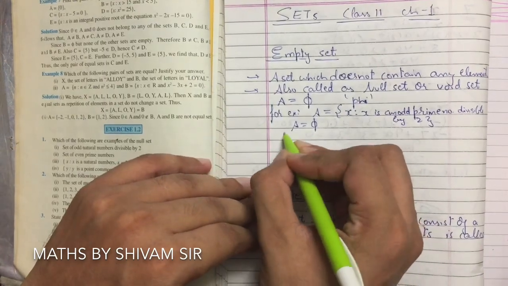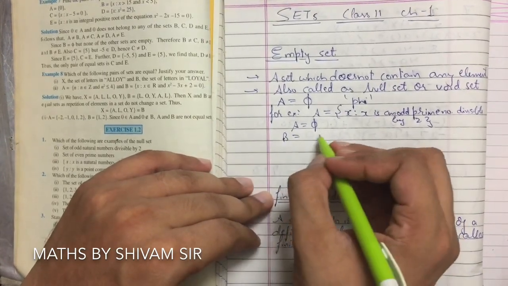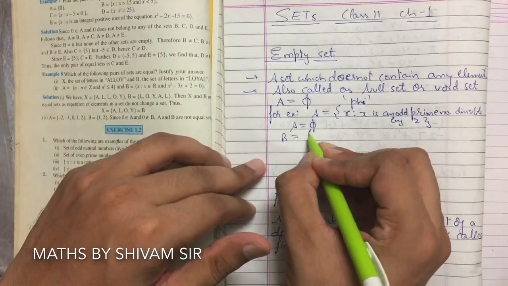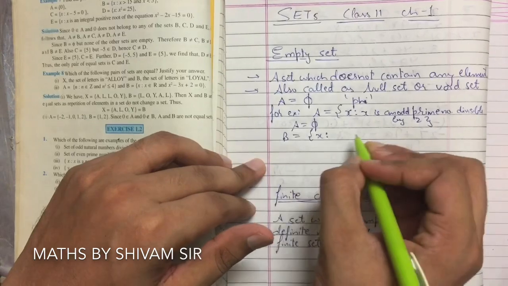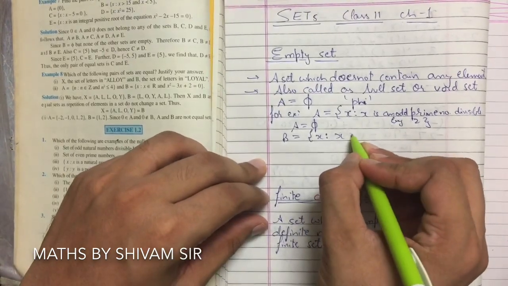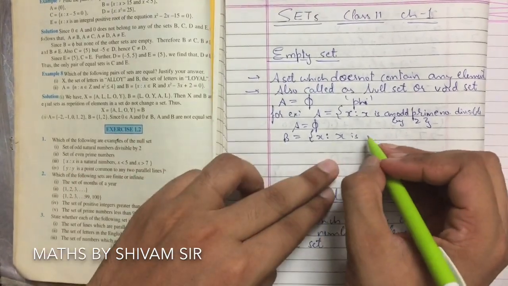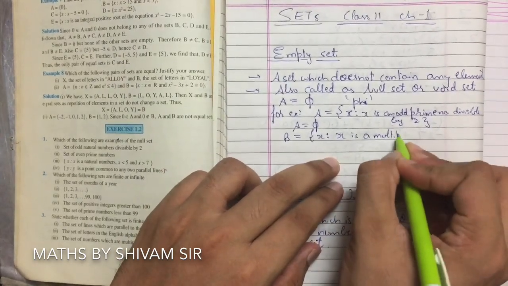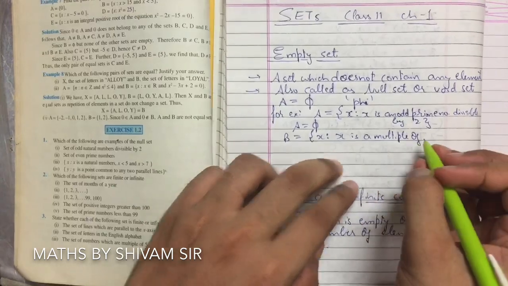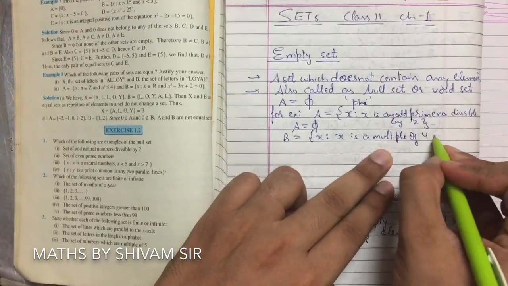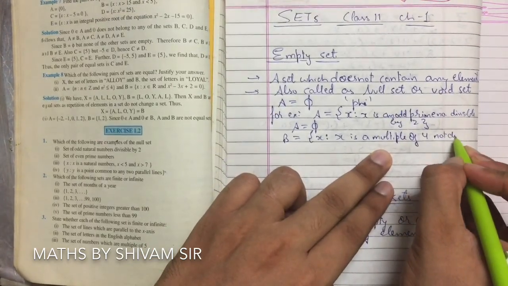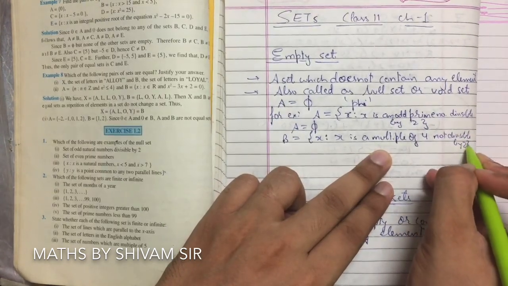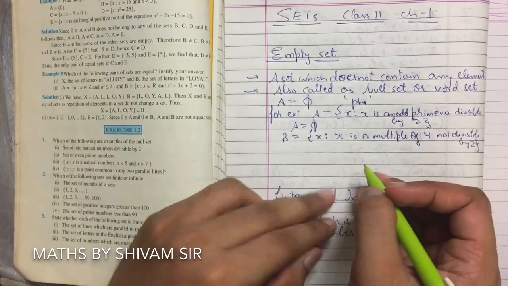Let's take another example. B is a set such that x is a multiple of 4 which is not divisible by 2.